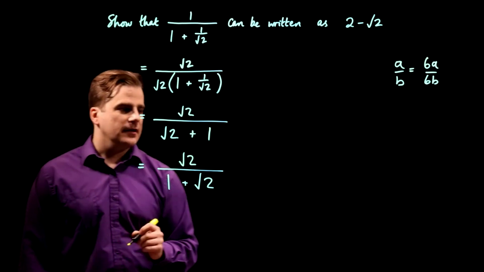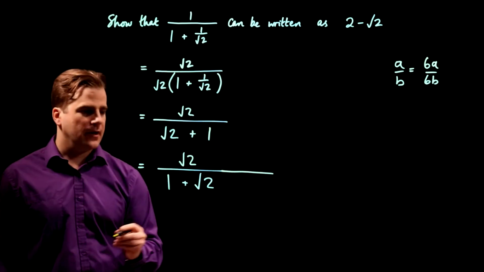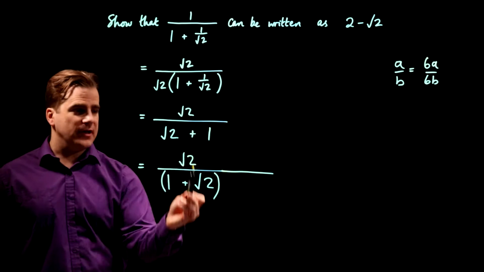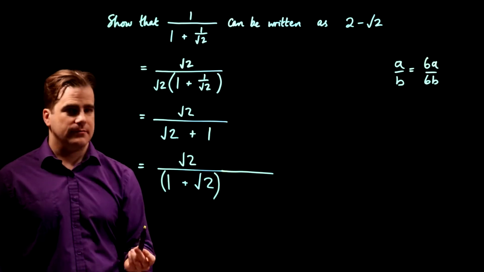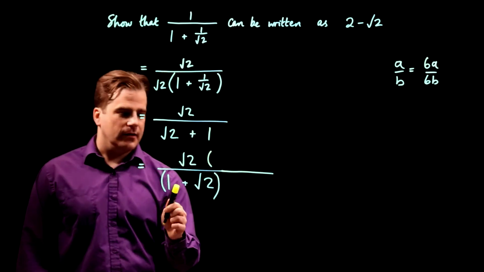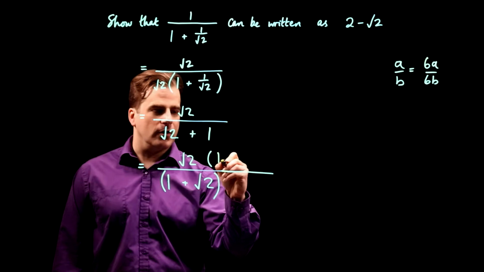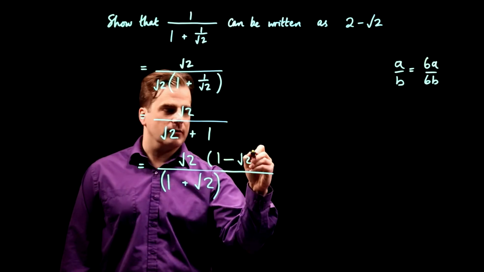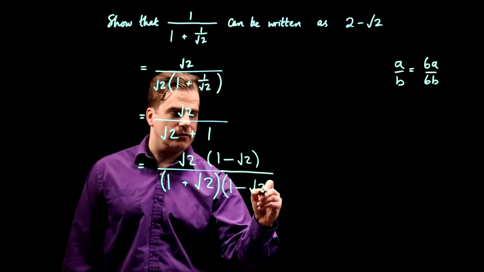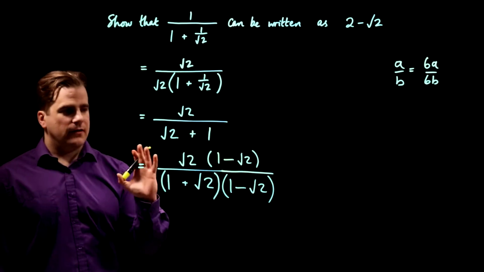Just make that line a bit longer. Put the bottom in brackets. So at the moment it's still the same. But we're going to multiply top and bottom by that minus that. So 1 minus root 2. Multiply the bottom by 1 minus root 2. And that's the trick.